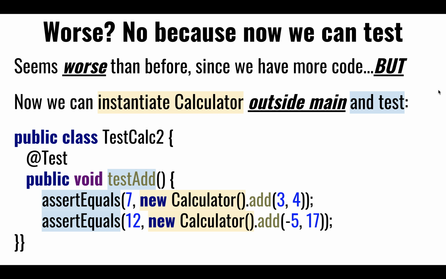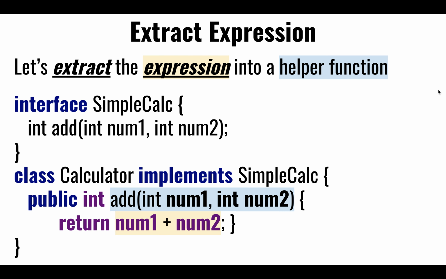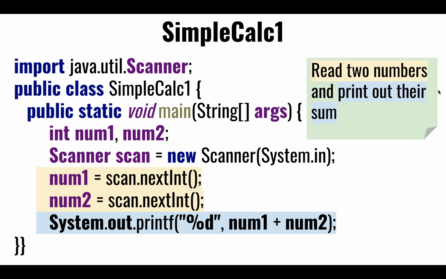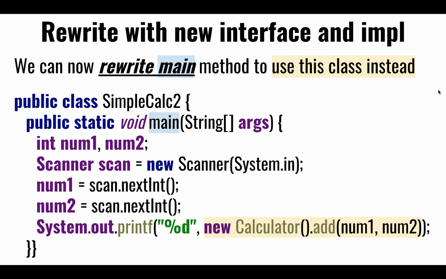Well, what it buys us is that now the actual arithmetic, the actual algorithm of addition, is no longer hard-coded in here. Instead, it's wrapped inside of this abstract function or method called add. And now I can actually test it.